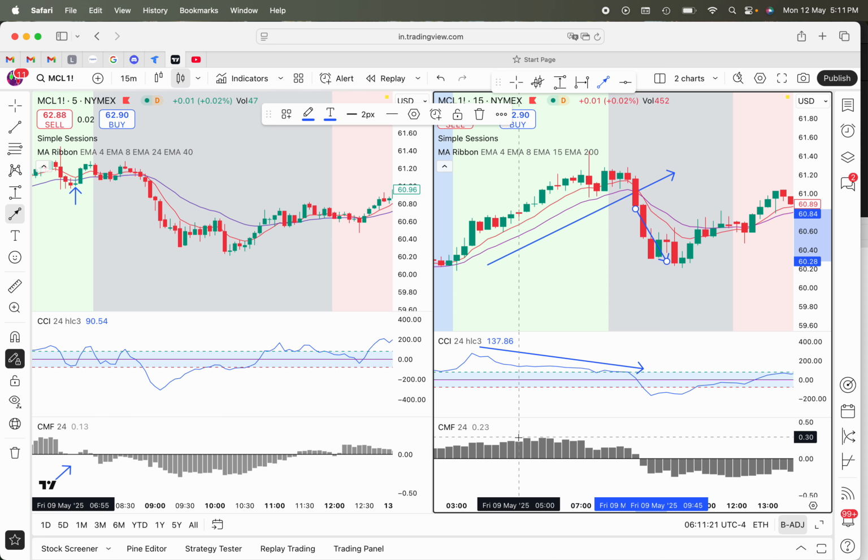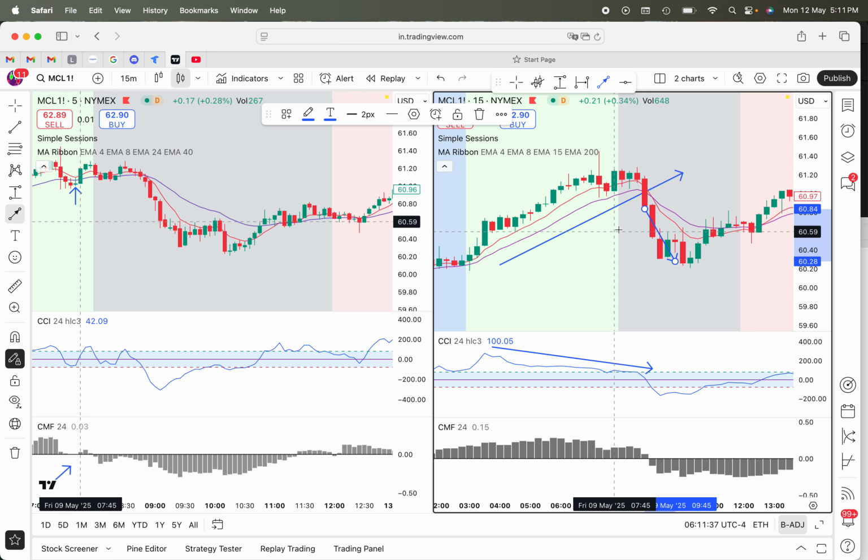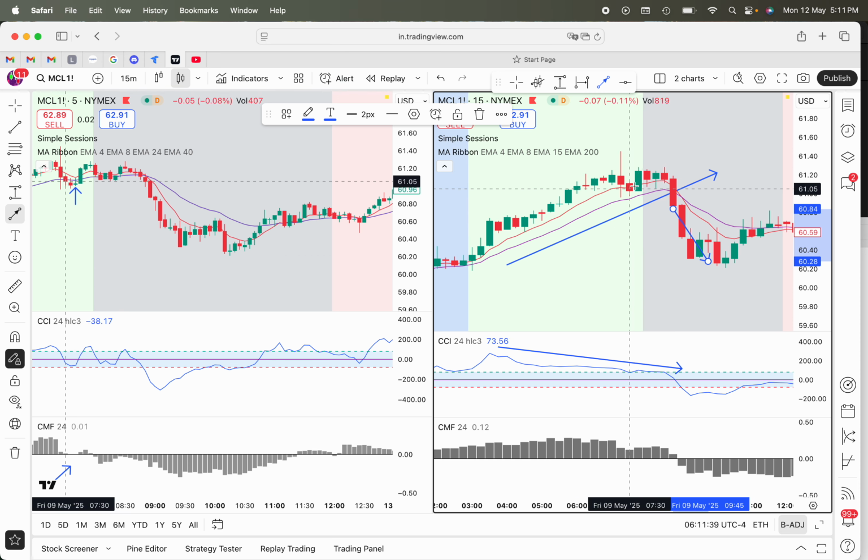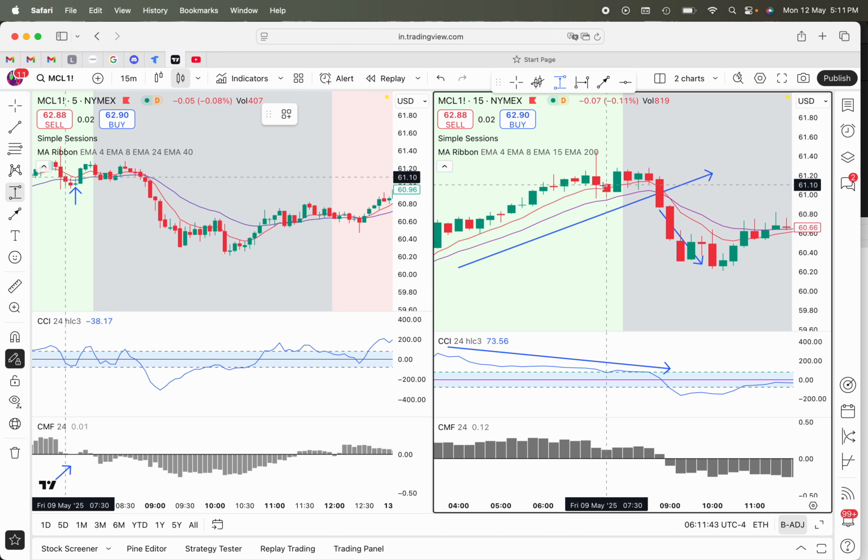Okay, the CMF is very subtle in the way that it shows divergences, but it was just here. You can see the bars ducked right down. They were strong and then bang. So based on that assumption on this 15-minute chart, I would not have re-entered using the same principle of, okay, I'll enter here when a bar breaks above the 8, okay?